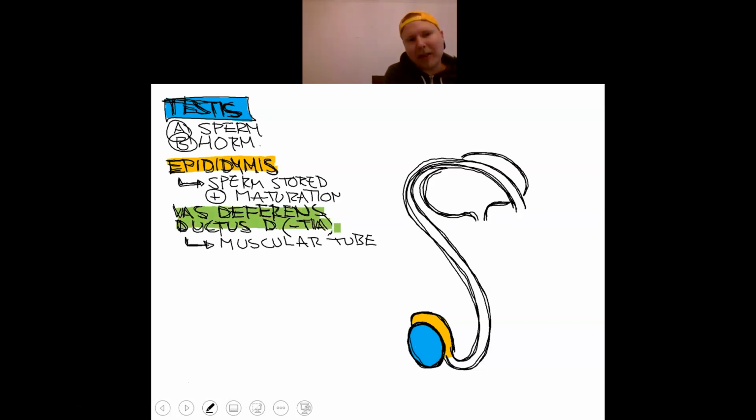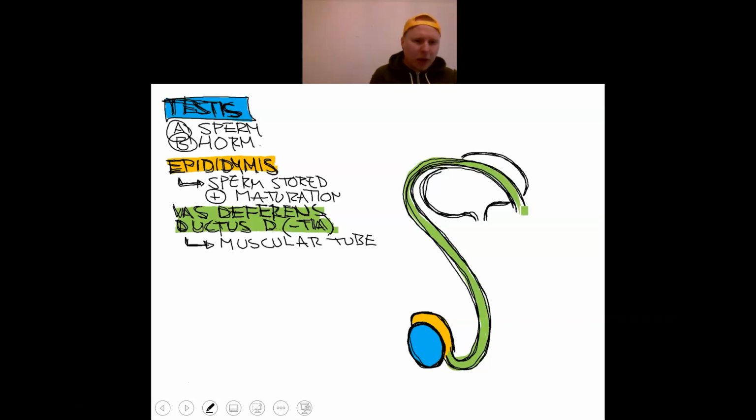So those muscle contractions of this tube assist with transportation of the sperm along this tube to where it's then needed. So let's just add that.